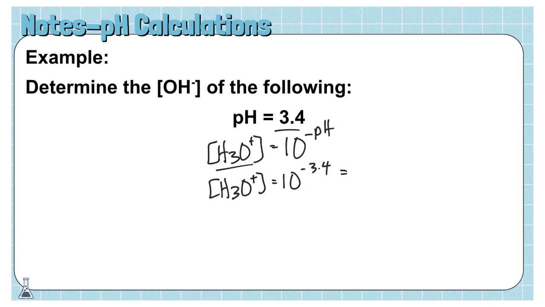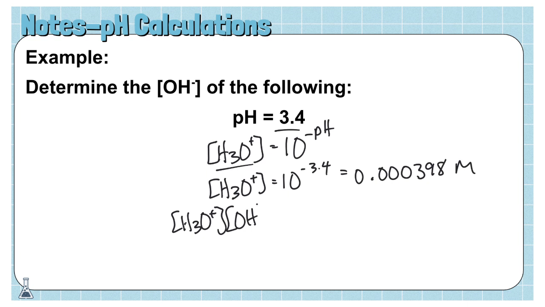So I'm going to enter that in my calculator. Second, 10 to the negative 3.4. I get 0.0000398 molar.